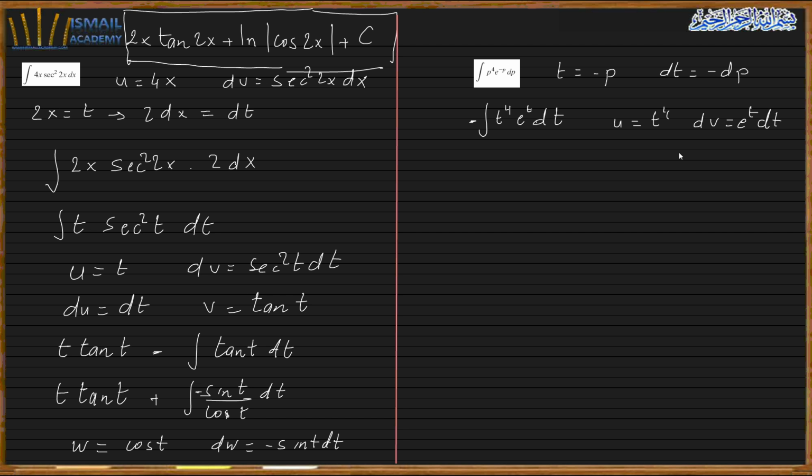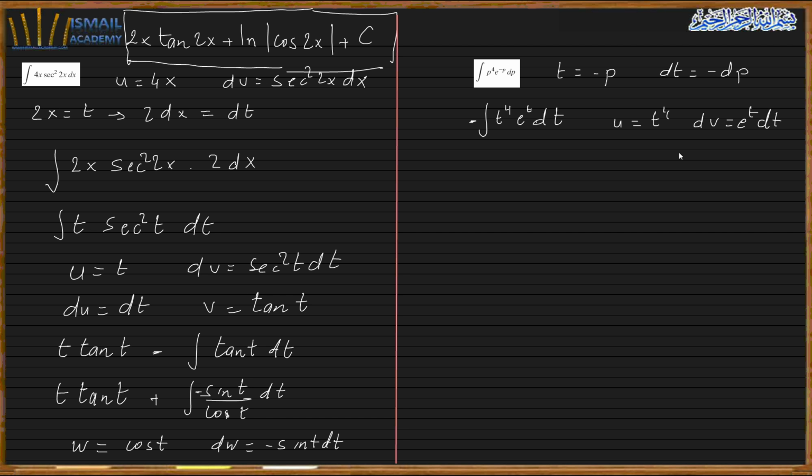So here, let me distribute the 4, so it's going to be t to the 4 e to the t minus 4t cubed e to the t plus 12 times the integral of t squared e to the t dt. So this will become t to the 4 e to the t minus 4t cubed e to the t plus 12 times t squared e to the t minus 2t e to the t.